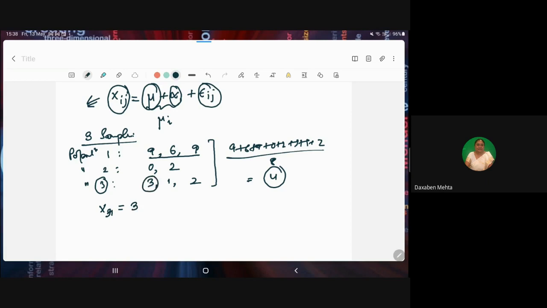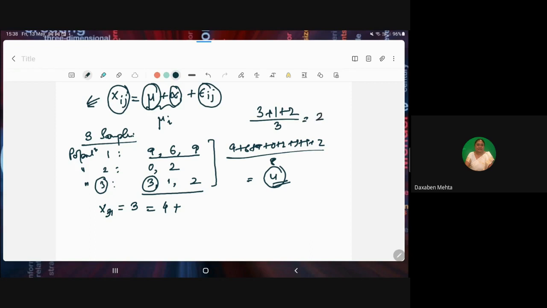The value of x31 is 3, and it is written in the form of the overall mean, which is 4, plus the group mean. What is the mean of these three? 3 plus 1 plus 2 divided by 3, that is 6 divided by 3, which is 2.